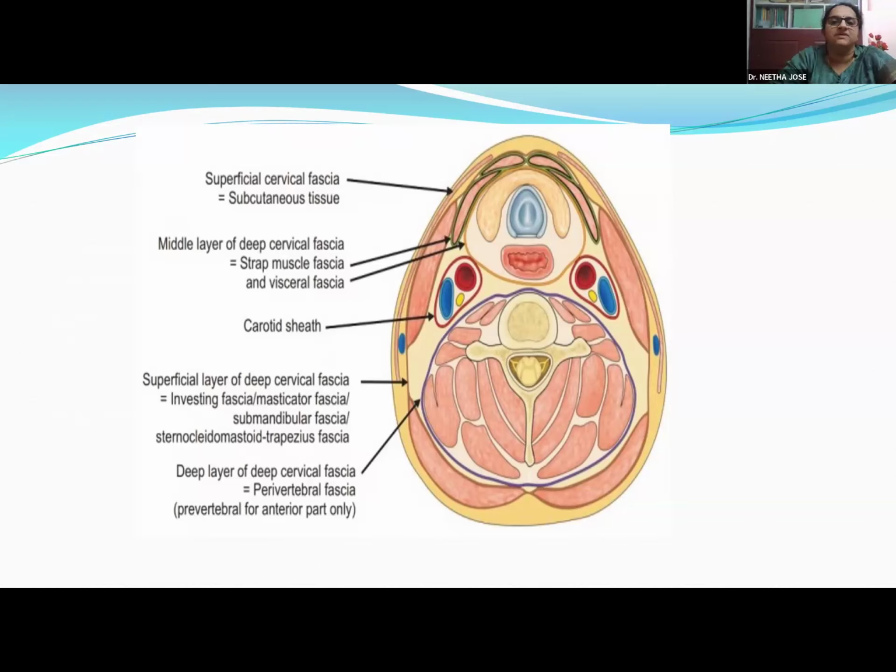The deep cervical fascia is divided into three main layers: the investing layer, which surrounds the sternocleidomastoid and the trapezius; the pretracheal layer, which surrounds the thyroid gland, trachea, and the esophagus; and the prevertebral layer, which surrounds the vertebrae and longus colli and scalenus muscles.